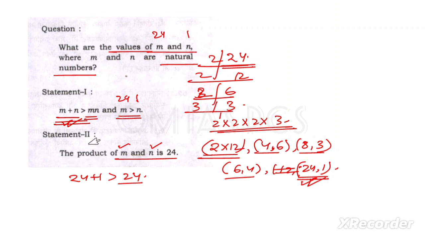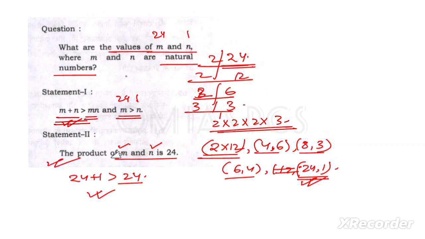They are just giving the statements, and the options are like: the question can be answered, the question cannot be answered. So here, if you see, we got the answer.